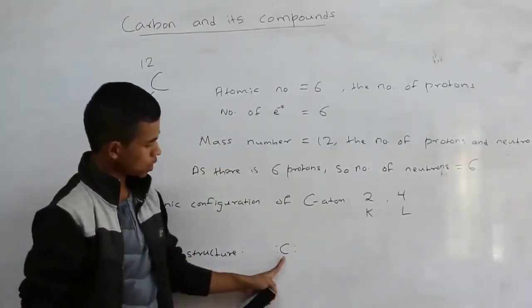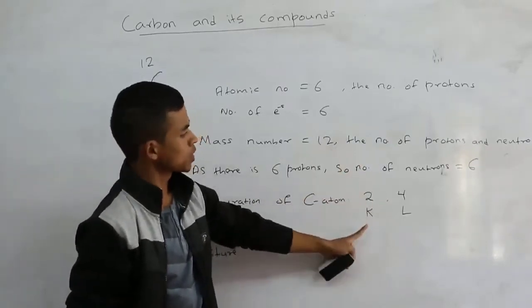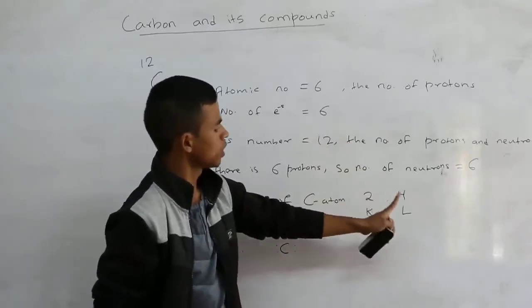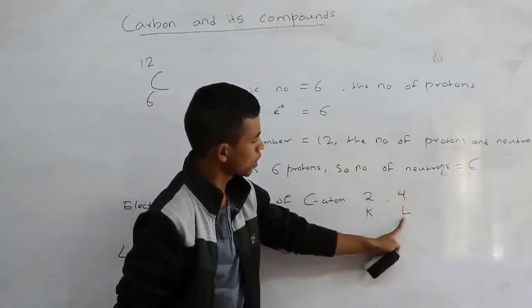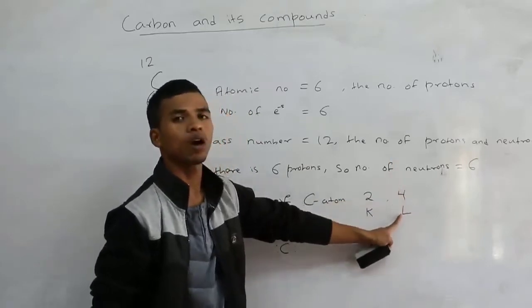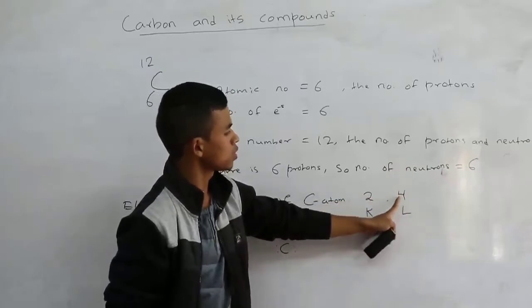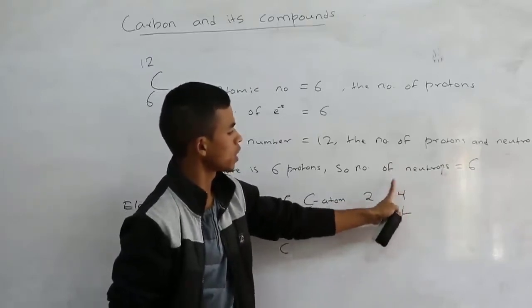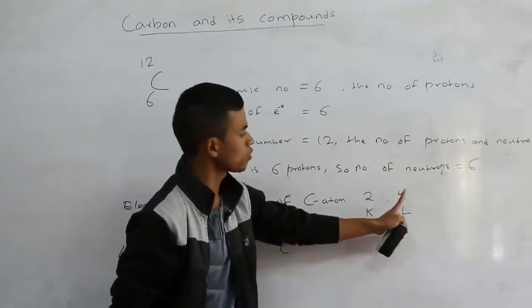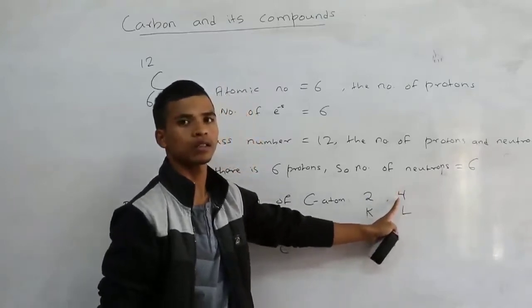So carbon on its own is unstable. For carbon to be stable, if it is in the second shell or more, it has to complete the octet structure. It has to gain 4 more electrons so that this outermost shell will have 8 electrons.